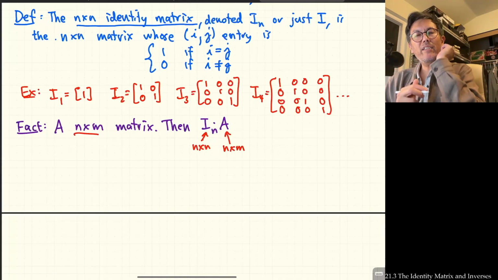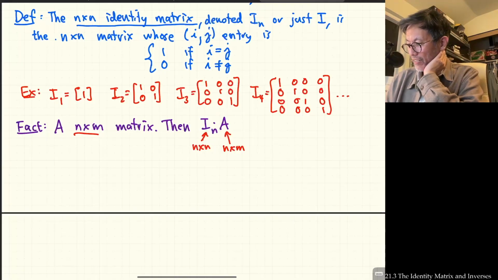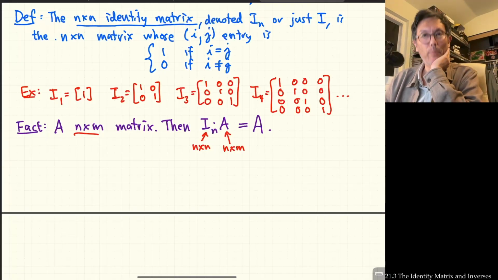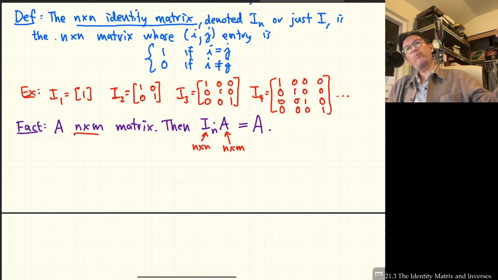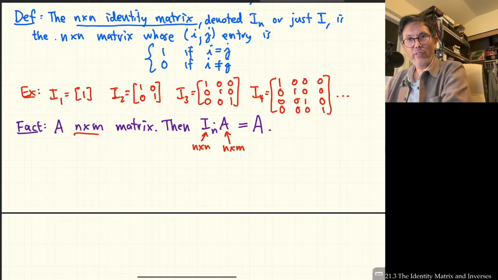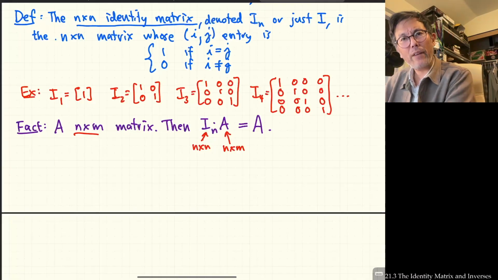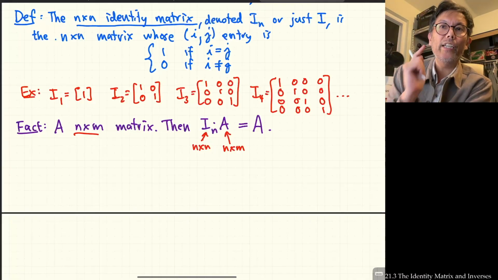So the product makes sense because the number of columns of I sub n is equal to the number of rows of A. And what we get, in fact, is exactly A. This is the point. The identity matrix, when we multiply any matrix by it, just gives us the matrix back. This is why the identity matrix is kind of analogous to the number 1 in the real numbers.